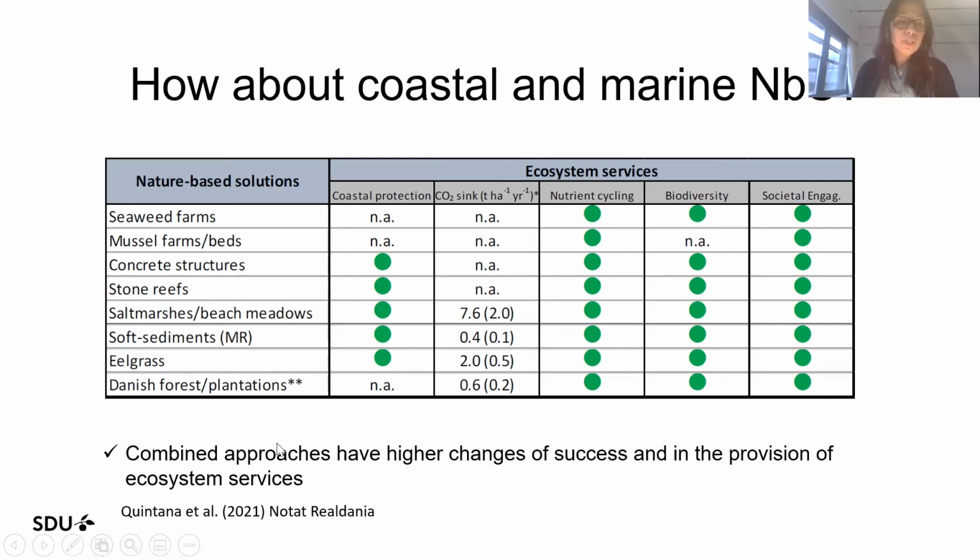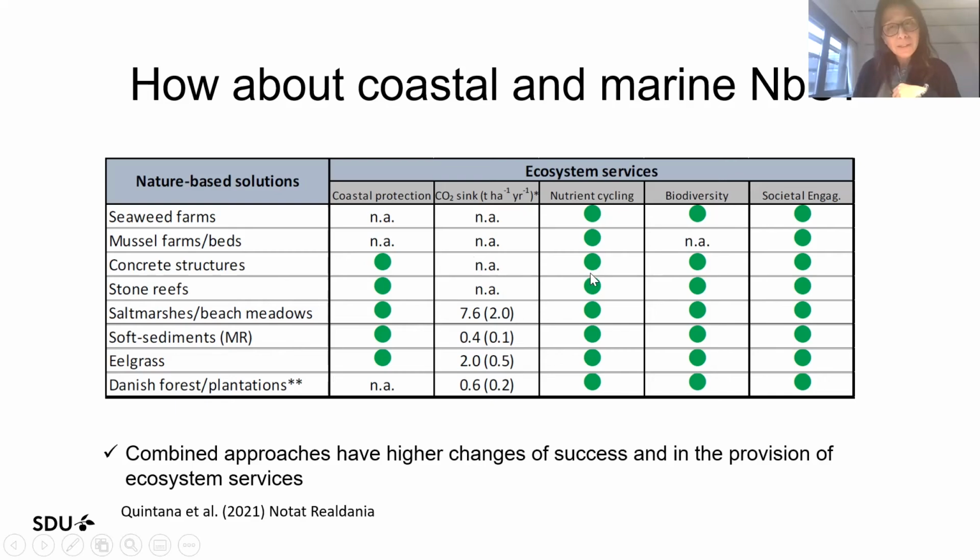So you can use combined approaches. You can also use stone reefs in the coast associated with eelgrass. So there are many combinations where one will benefit the other in terms of being successful and recovering all the ecosystem services that are required.